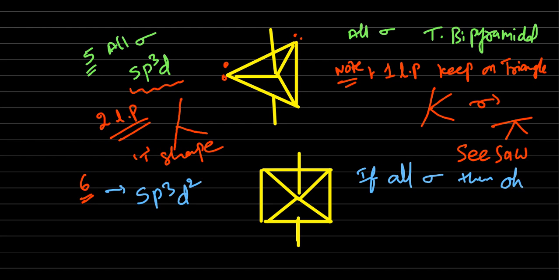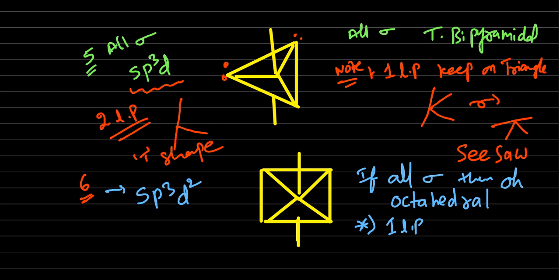The symbol is Oh. You can write the structure name octahedral. Now again the note point: if one lone pair is there, where will you keep the lone pair? You should not keep the lone pair on the square. You have to keep the lone pair above the square or below the square.